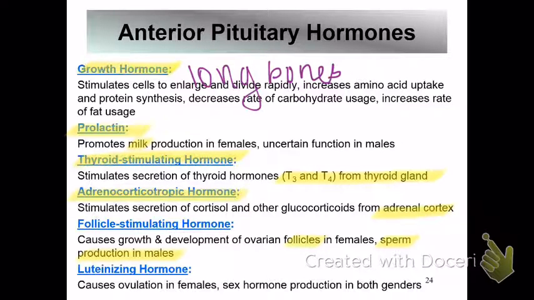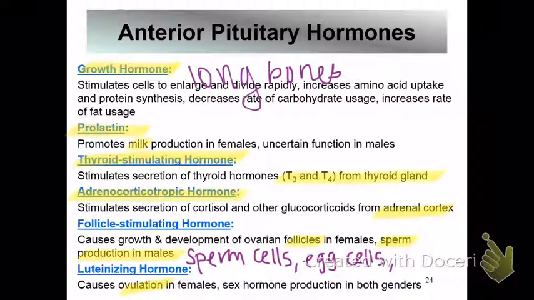And then luteinizing hormone is actually what makes you ovulate. For the follicle stimulating hormone, write in sperm cells, egg cells, and follicular cells to make estrogen.